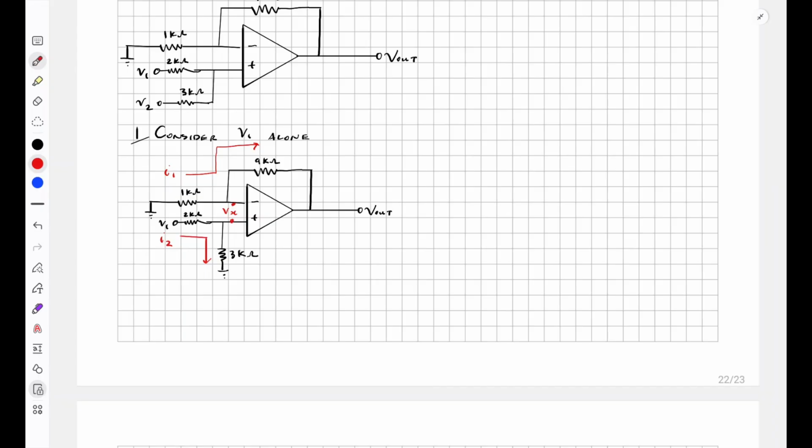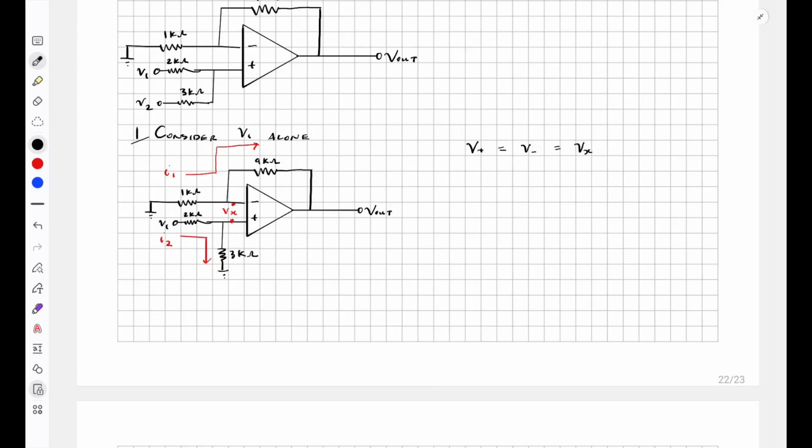Going by the virtual short circuit principle, in the ideal op-amp, V plus is equal to V minus is equal to Vx. So the question is, how can we actually solve for Vx?